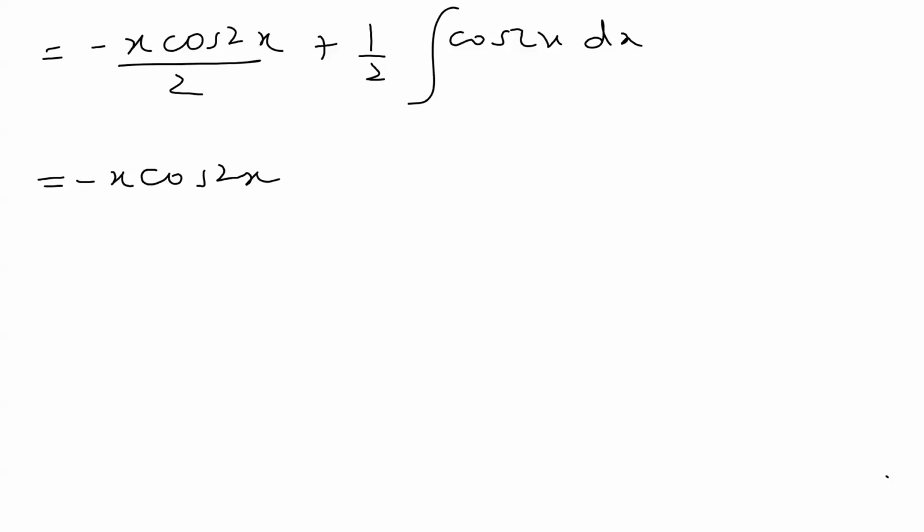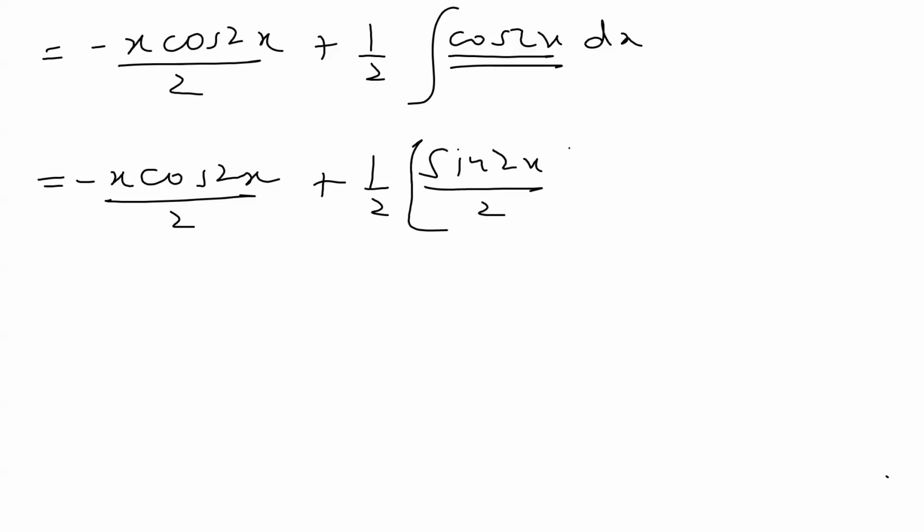So minus x cos 2x upon 2, half, integration of cos 2x is plus sin 2x upon 2. So this is the end of the problem. The only thing that you need to do is 2 and 2 you need to multiply. Okay.